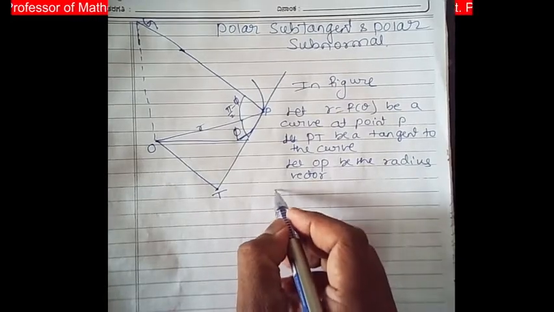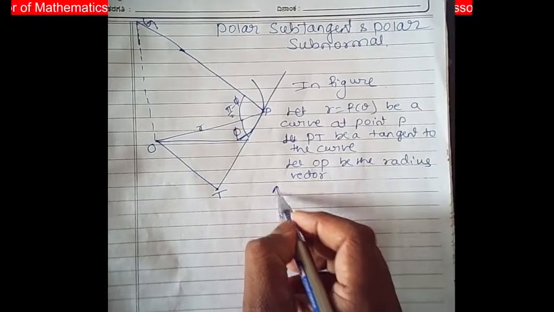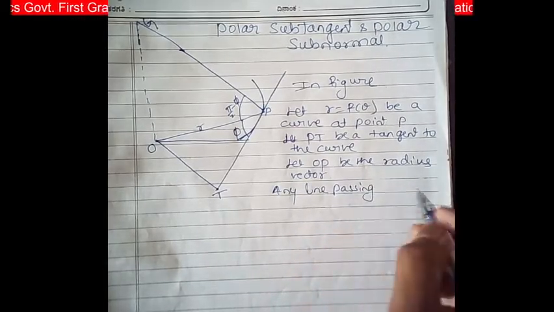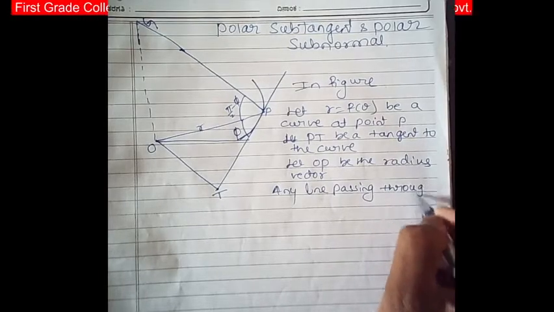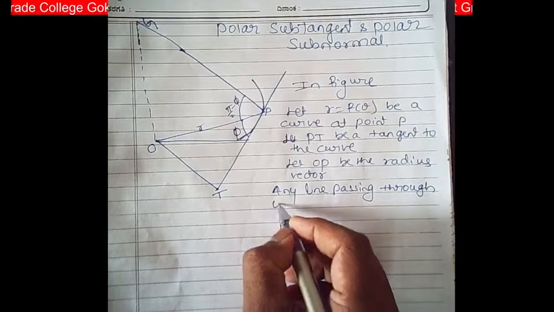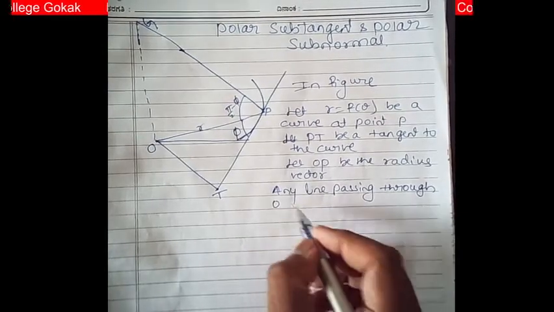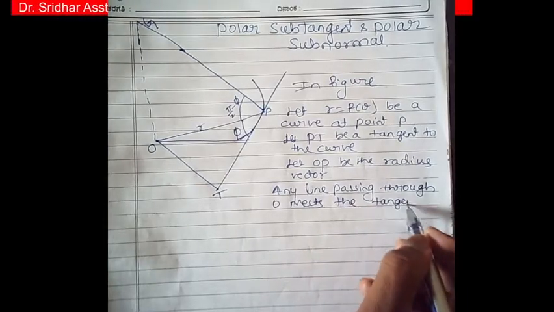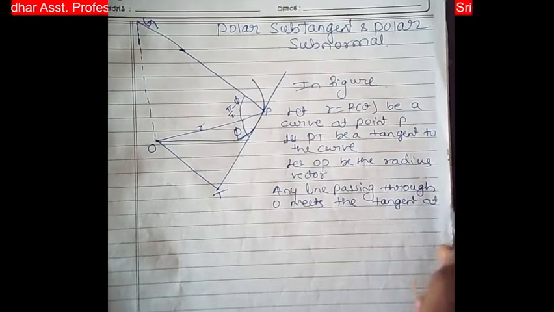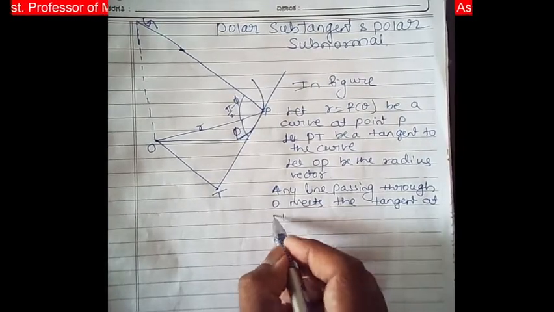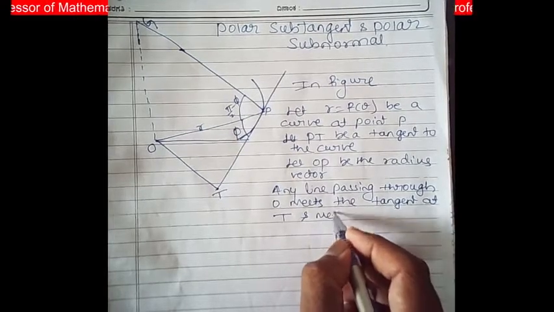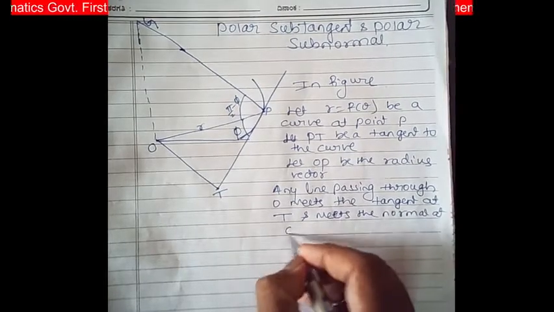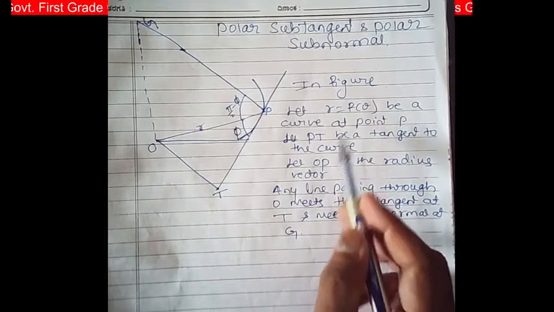Okay, so then any line passing through the O meets the tangent at T and meets the normal at G. Okay, so we write first all these things.